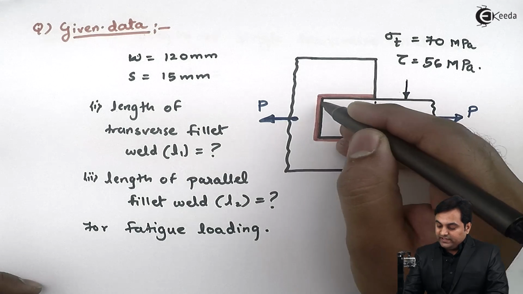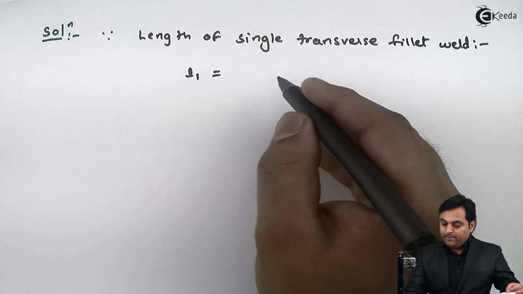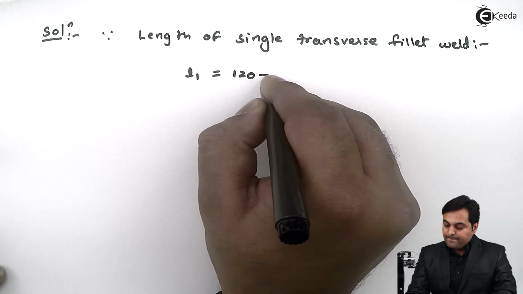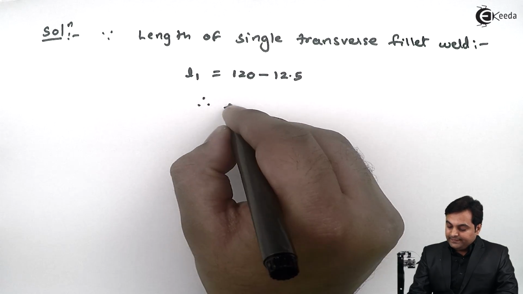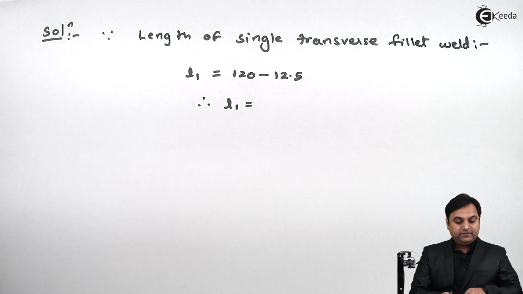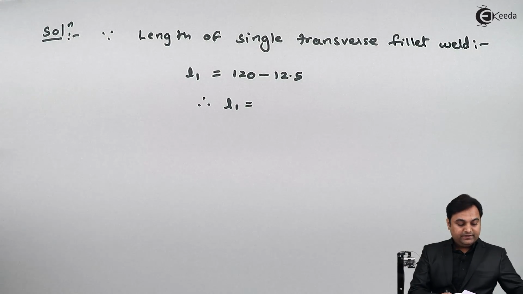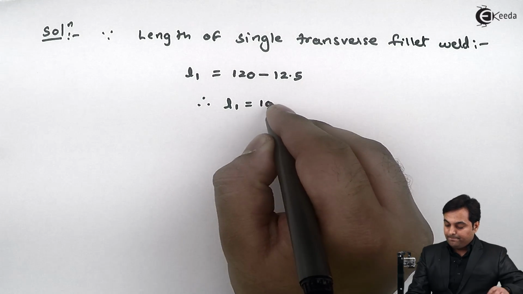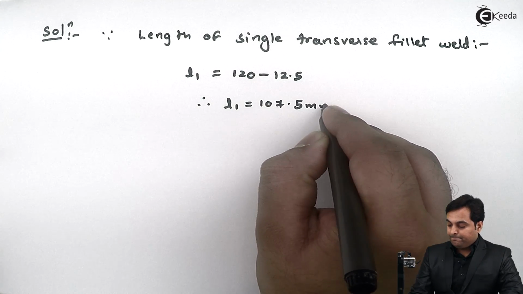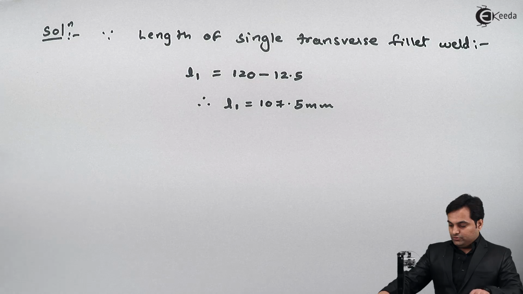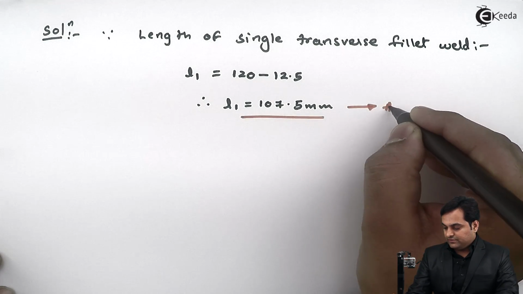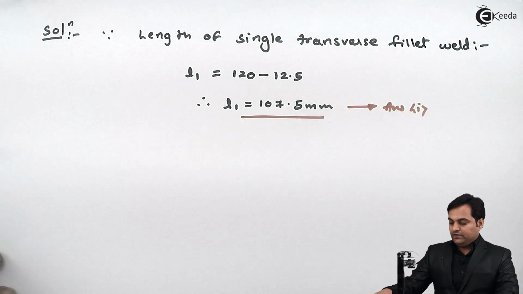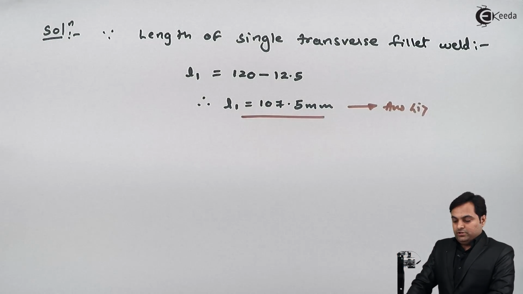So from 120 I will subtract 12.5 to get the value of L1. Therefore L1 comes out to be 107.5 mm. So with L1, here is the first answer. That is the length of single transverse fillet weld.